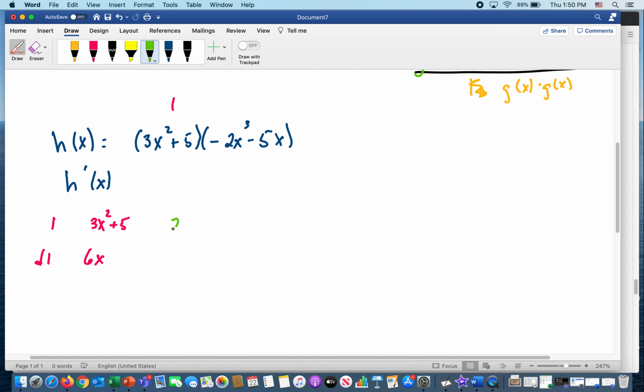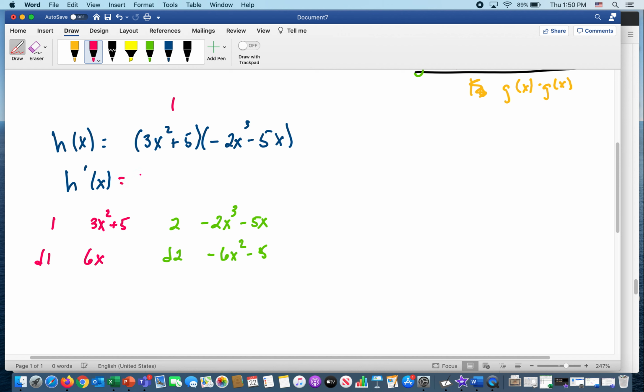Then I'm going to identify what the second term is. In this case, the second term is negative 2x to the third minus 5x. The derivative of the second term is negative 6x squared minus 5. So what is h prime of x equal to?